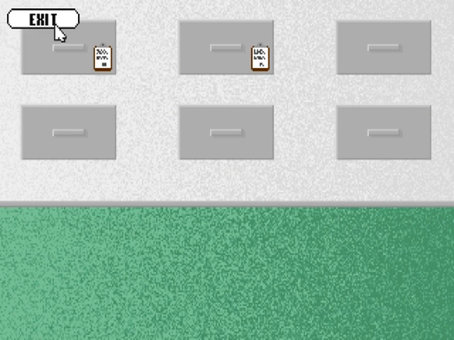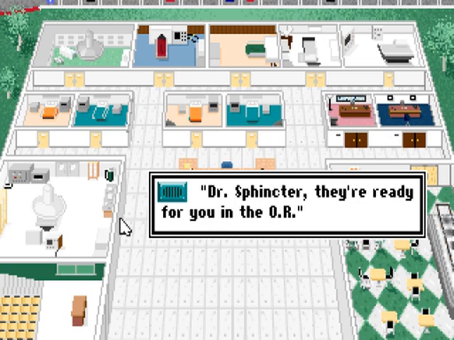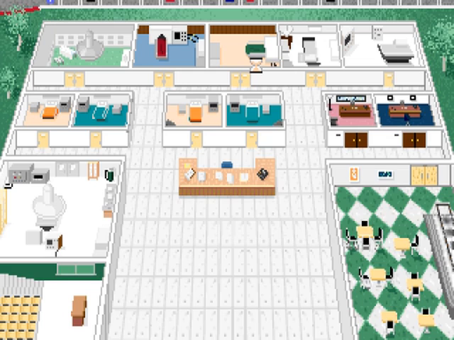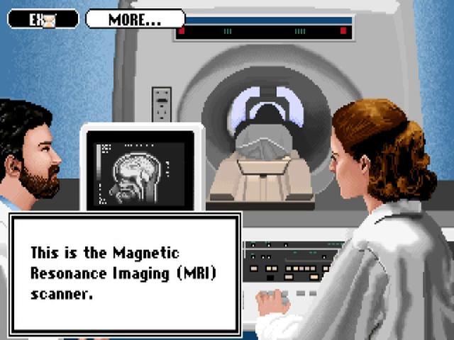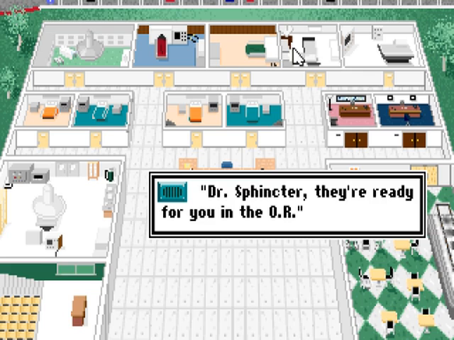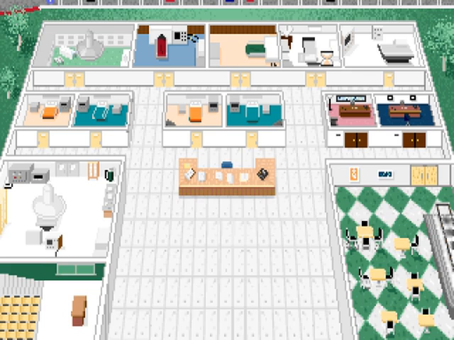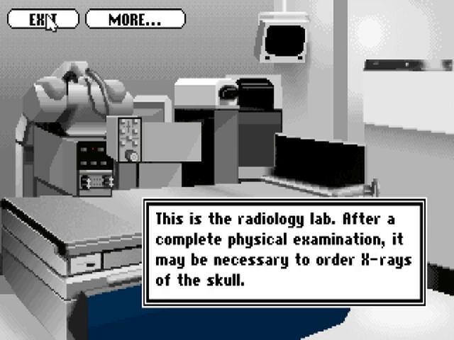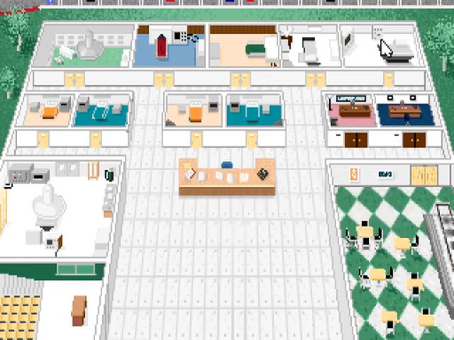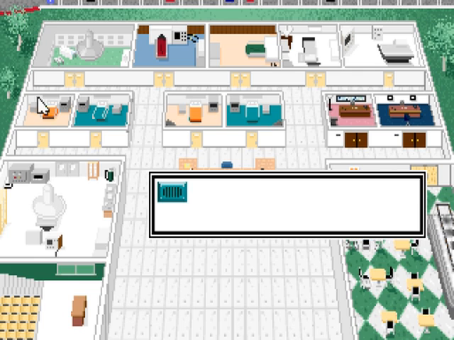I should be a good surgeon if I can't find the operating room. It was the one I didn't click. Nope, not that one. Yeah, lost in my own hospital here, don't mind me. Oh, here we go, I found it.